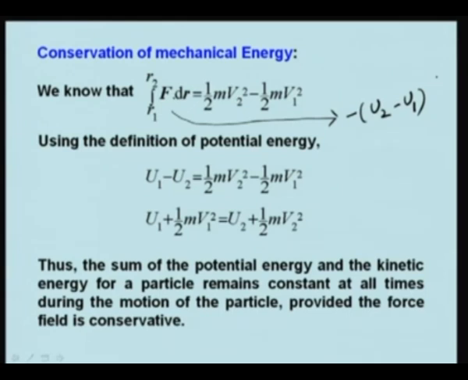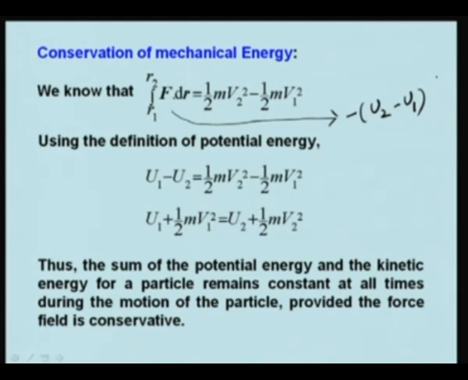The force field is doing some work on the particle, and therefore the particle's potential energy is decreasing. It will try to make the potential energy minimum. So, if you don't constrain the motion, the particle will keep on moving.